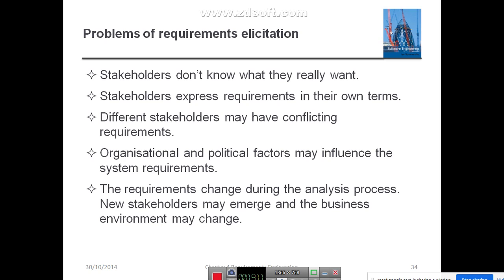For example, as a customer, I just want some system to be developed, but I don't thoroughly know what different services need to be included within the system. As a technical staff, you might know, but as the end user or the normal user, it is not possible to know exactly what I want from that particular system development. So the stakeholders don't know what they really want.